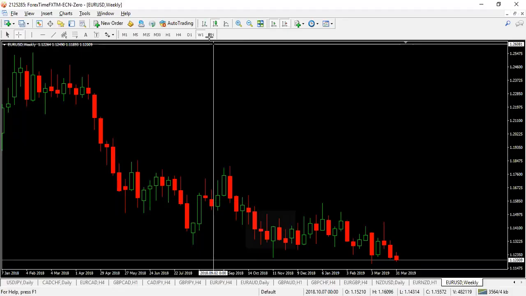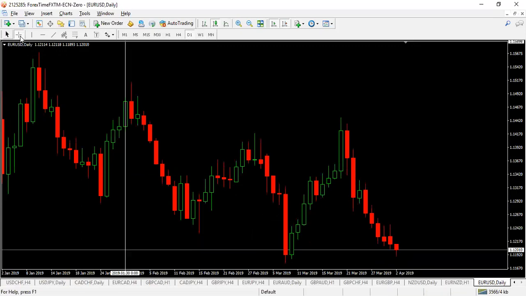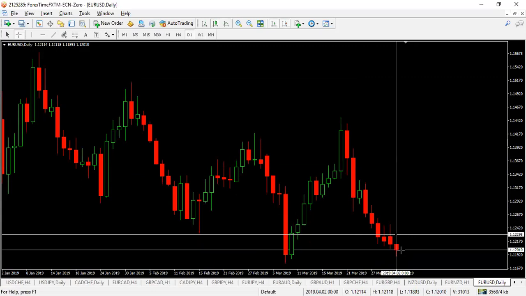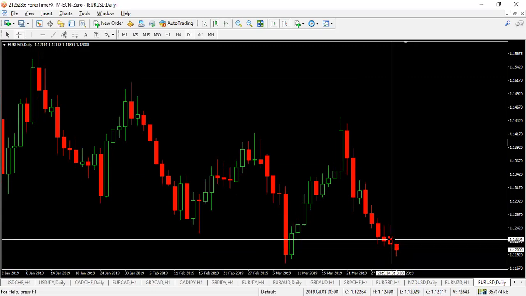This is the weekly chart. We go to the daily, and on the daily you pick the crosshair fresh. For the daily, the high is 1.12490, low is 1.12029, and the close is 1.12117. You can confirm these values later on.